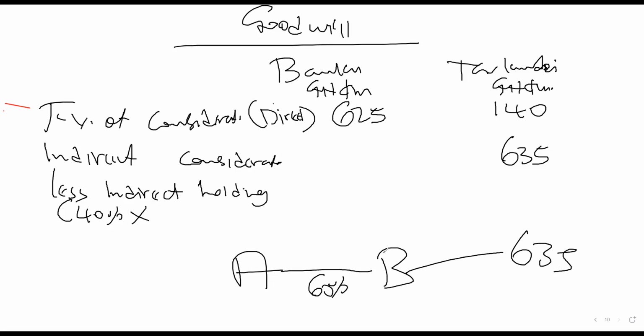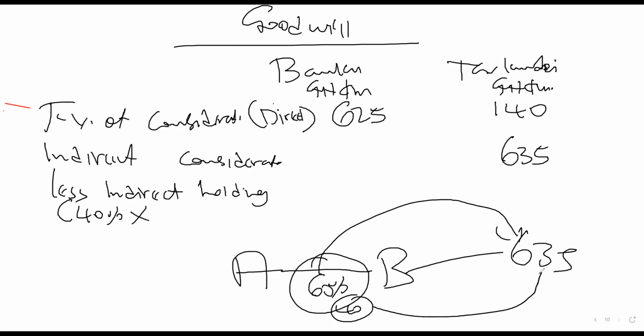So indirectly, parent contributed 60% of this money. Then the NCI, which is the 40%, also made some contribution so that they can team up and acquire. That is all. Someone could have just gone straight forward and taken 60% of this figure, with no adjustment again.